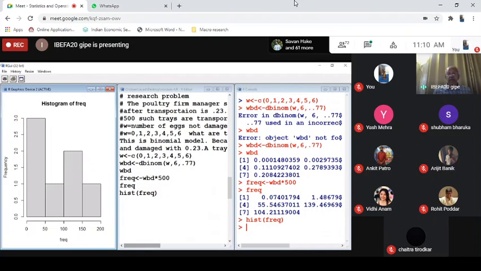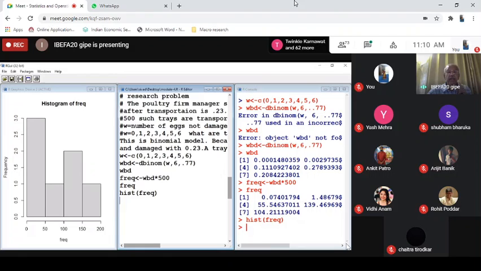So this way, we can have sample analysis if we know the probability model for the sample. I am repeating. One tray.